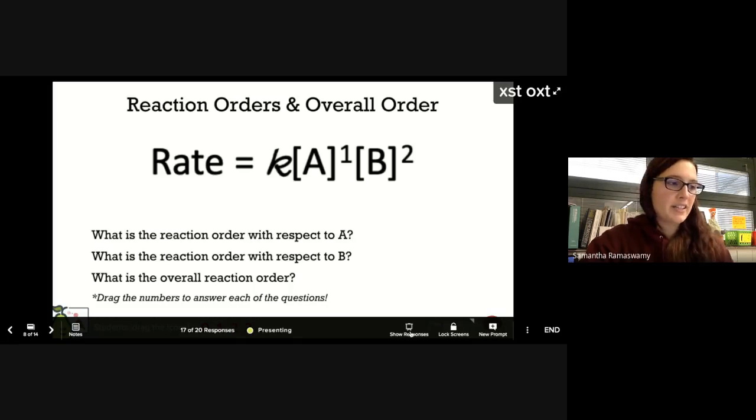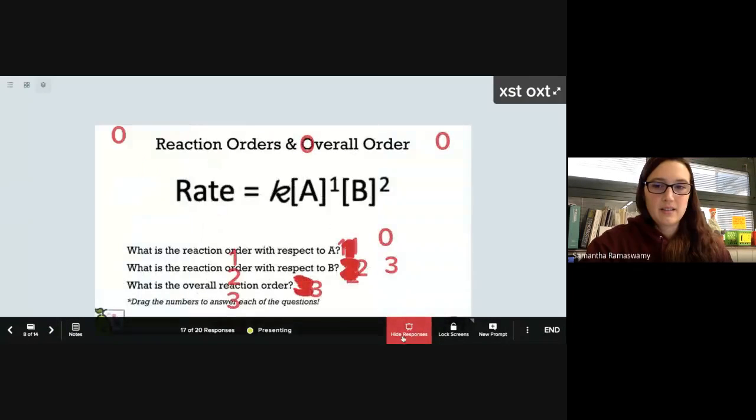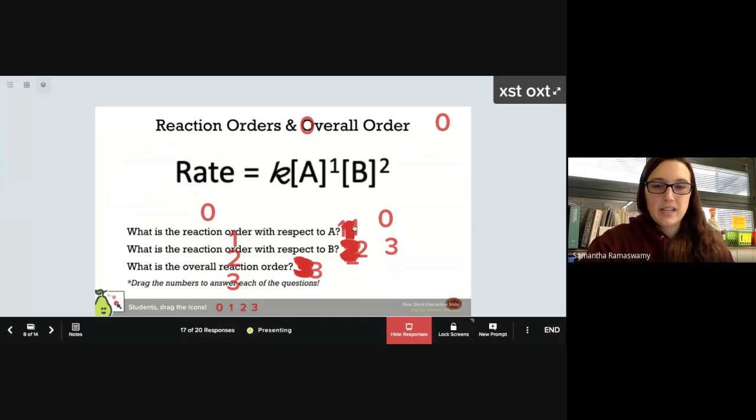So if we take a look, notice everybody said A is first order, B is second order, and overall is third order. So that's because you look at these exponents. A has an exponent of 1, B has an exponent of 2, and then you add them up for overall, which is third order overall.